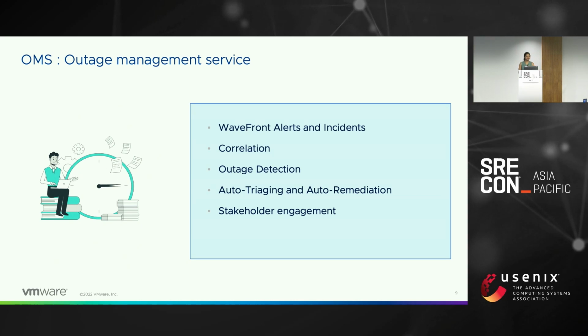One of the major incidents that occurs here is an outage, be it a rack-wide outage or an AZ-wide outage. It can result in SLA breaches or MTTRs, and it can take a lot of manual effort to do triaging and remediation. This is where the Outage Management Service comes into the picture.